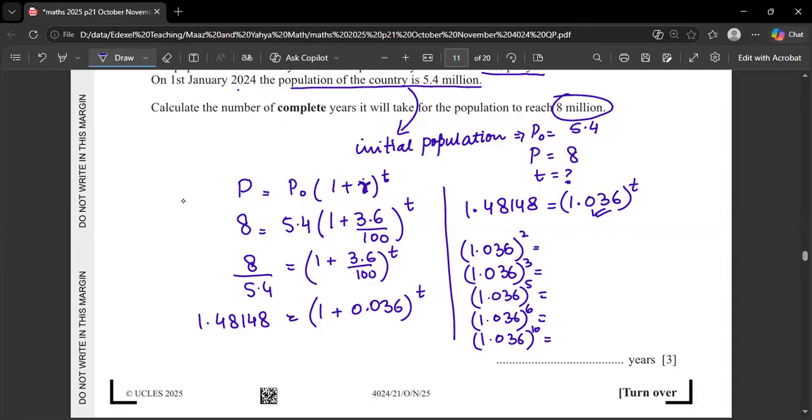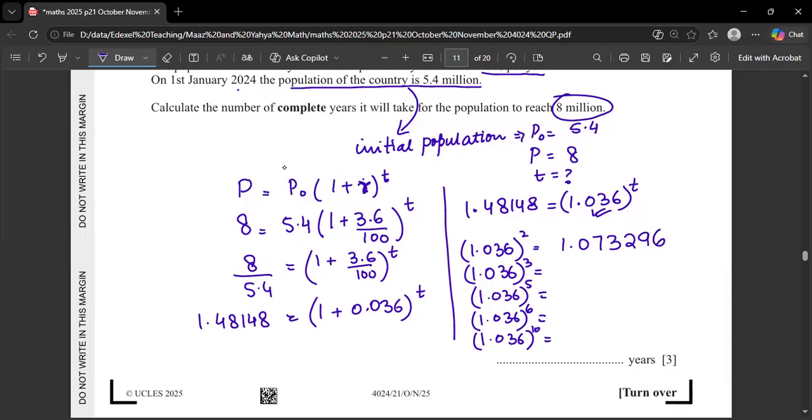Now find out each. The first one will be 1.073. Can you please tell me the rest of the digits after 073? 296.